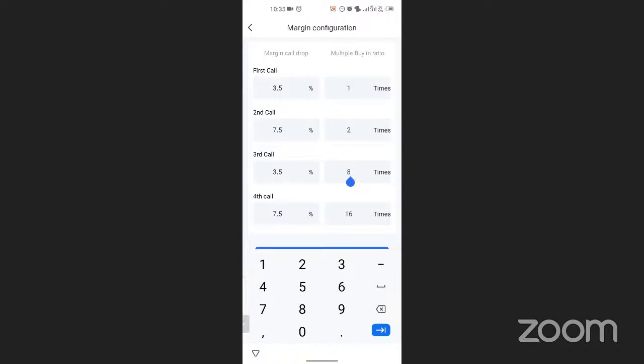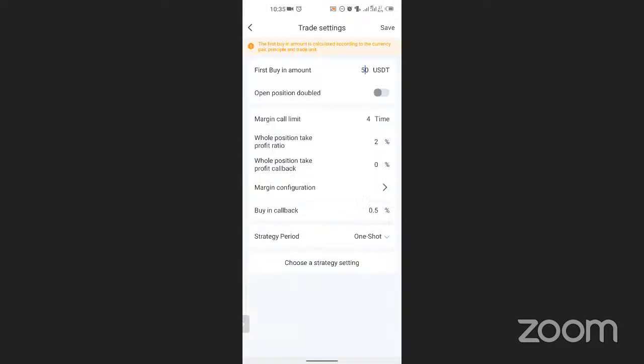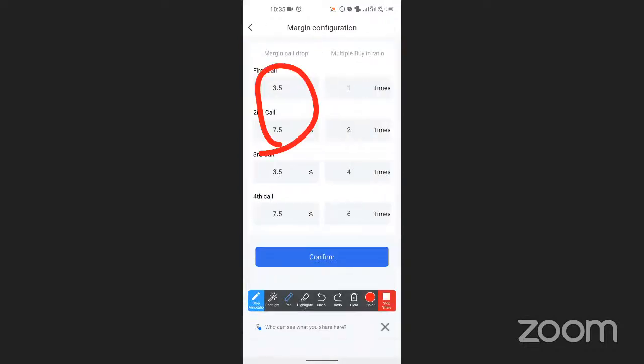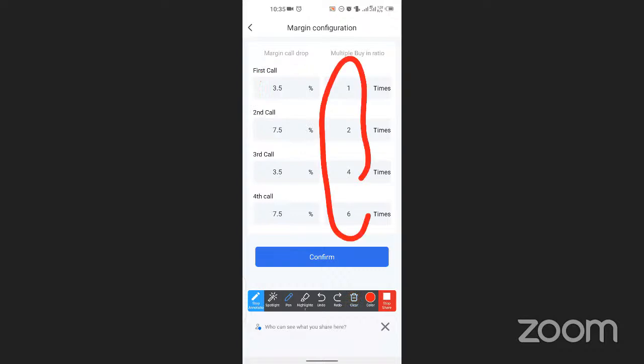Let me say this, I reduce this to 4, I reduce this to 6. Now, ladies and gentlemen, when I confirm this and I reduce my first buying amount, let me set $15, I must have the money that I've put here. And it should be in my USDT. This is $15, this is 30. And when I go 4 times 15, I must have the capital.